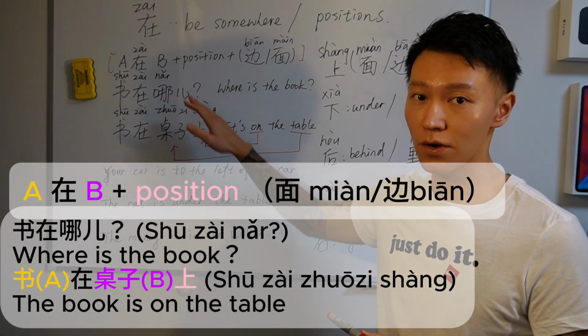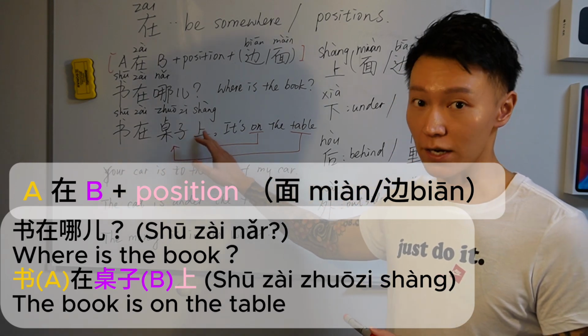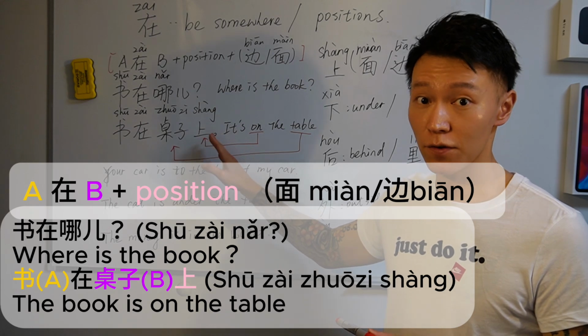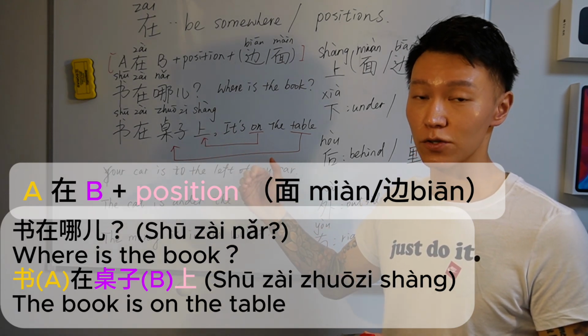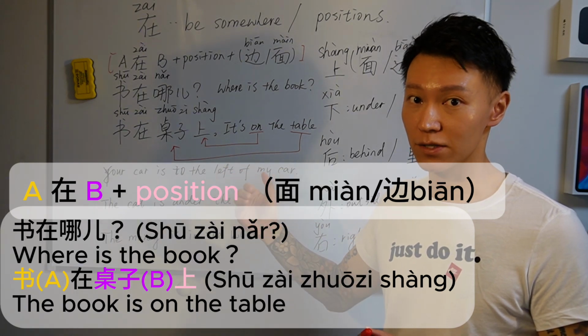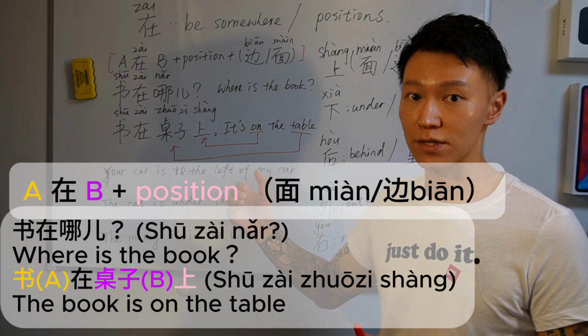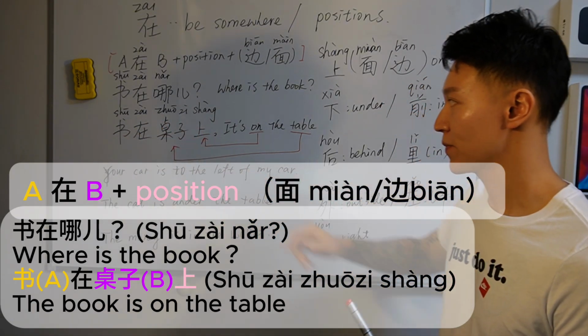Where is the book? 书在桌子上. And of course, you can say 书在桌子上面. You can also say 书在桌子上边.